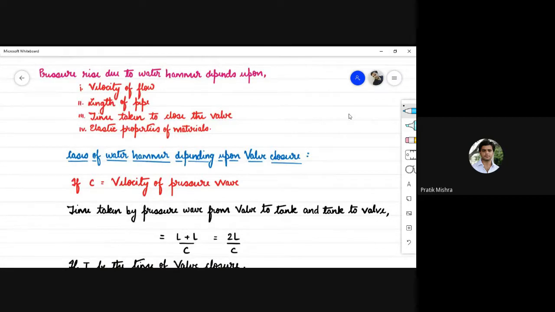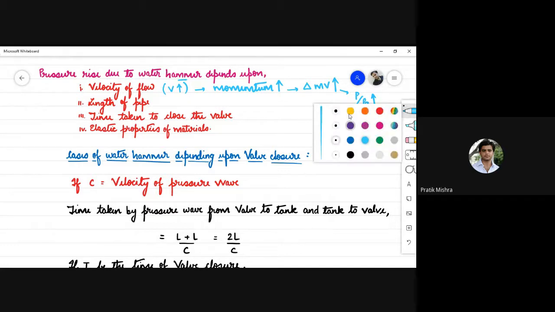The rise of pressure due to water hammer depends upon the velocity of flow. जितनी ज्यादा velocity of flow होगा, उतना ज्यादा मोमेंटम में चेंज होगा, उतना ज्यादा मोमेंटम होगा, और मोमेंटम ज्यादा होने की वजह से जो भी चेंज ऑफ मोमेंटम है, चेंज ऑफ मोमेंटम मैं ऐसे लिख देता हूं, delta m into v. This change of momentum will be more, and due to this change of momentum, the pressure head generated, p by rho g is the pressure head, it will also be more.